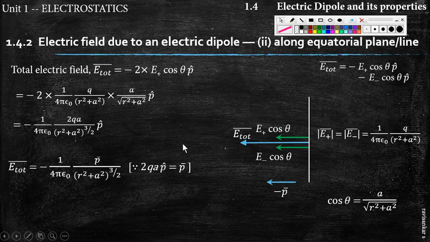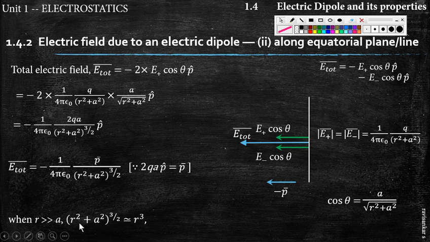So this is the general equation for any given point, whether the point in question is far away or at a closer distance from the dipole. We also know that when R is very much greater than A, that is when the distance of the point is far away from the dipole itself, A is a very small number, and if you square that, it is negligible.